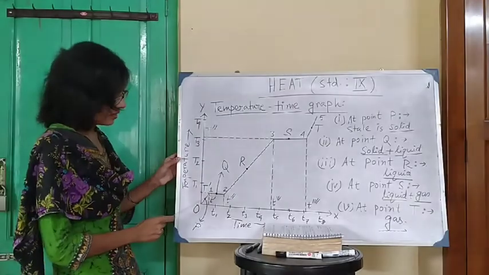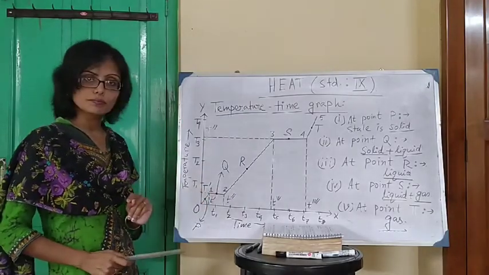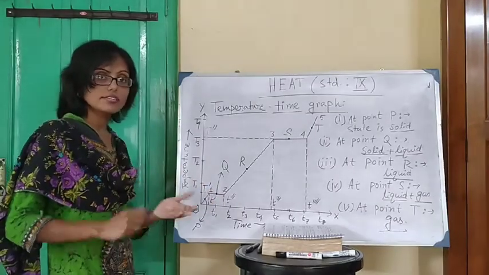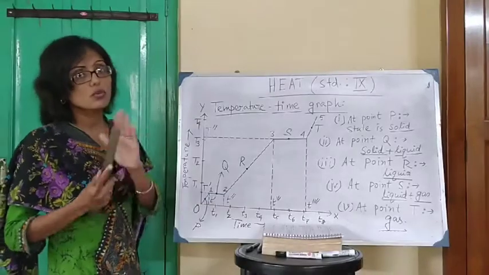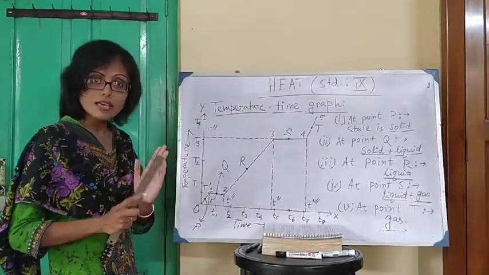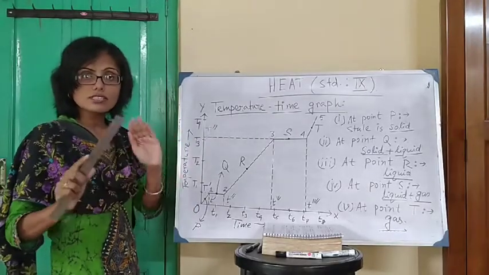Consider another point Q on the horizontal line 1, 2. What is the state of the matter? The state of the matter is solid plus liquid. Why? Because melting starts, fusion starts, but the entire solid has not changed into liquid.